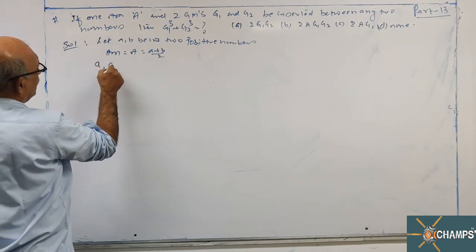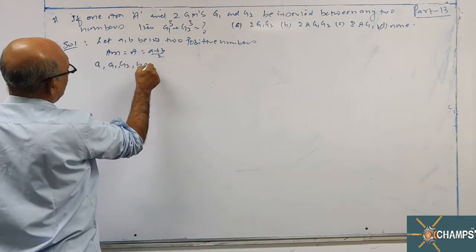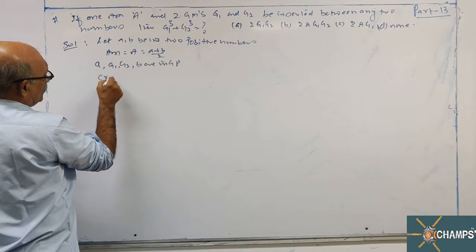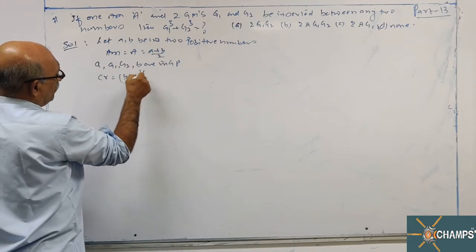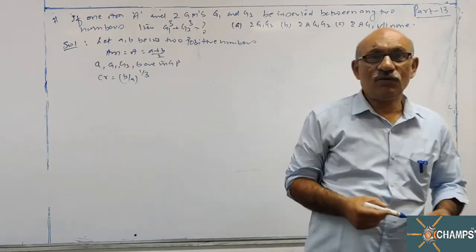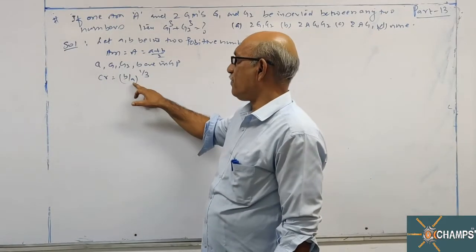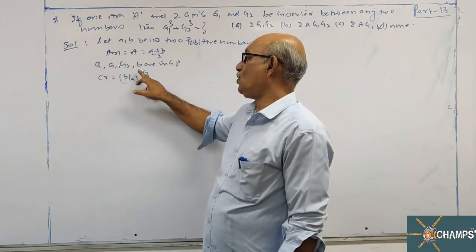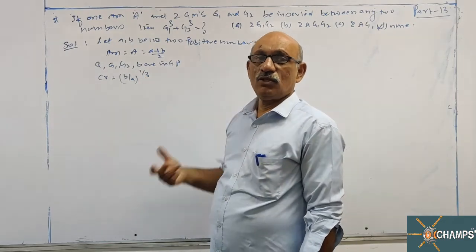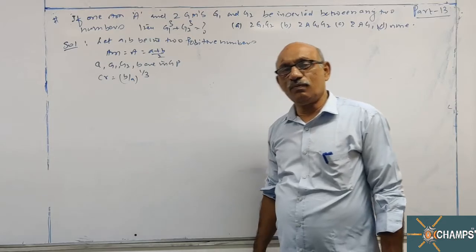Now a, G1, G2, b are in GP. So common ratio is equal to (b by a) whole power 1 by 3. How to calculate a common ratio? Last term divided by first term whole to the power 1 by (number of geometric means plus 1). So with 2 geometric means we have 2 plus 1, 3.